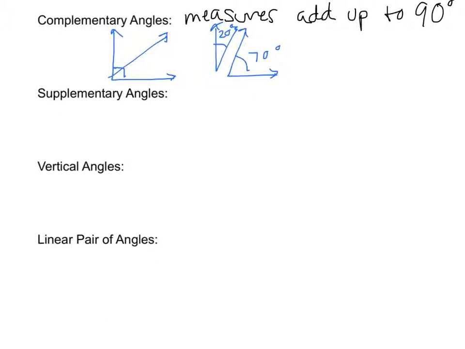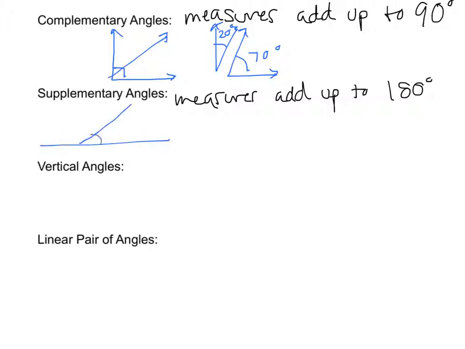Supplementary angles are very similar. They're again a pair of angles whose measures add up to 180 degrees, which means they look something like this. Or we could have them separated and say this one is 120 degrees, then this one would be 60 degrees.